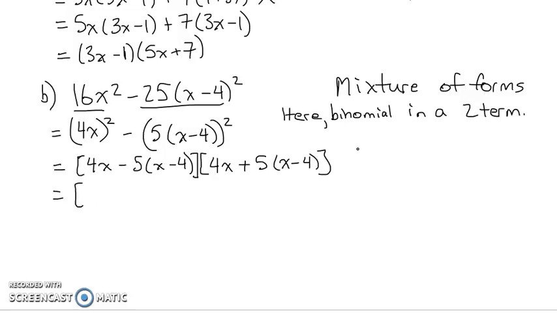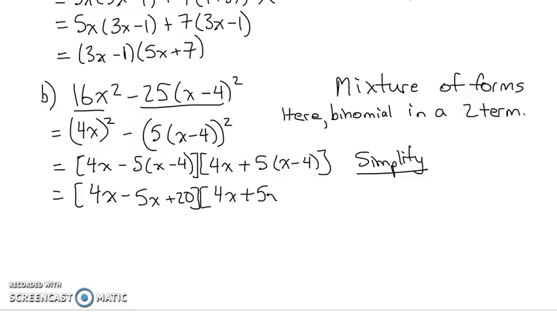Now that's not it. I want to simplify it still. Don't forget to get as simplified as possible. So what this becomes is 4x minus 5x plus 20. And what this becomes is 4x plus 5x minus 20. So simplifying doesn't mean we multiply them together again.